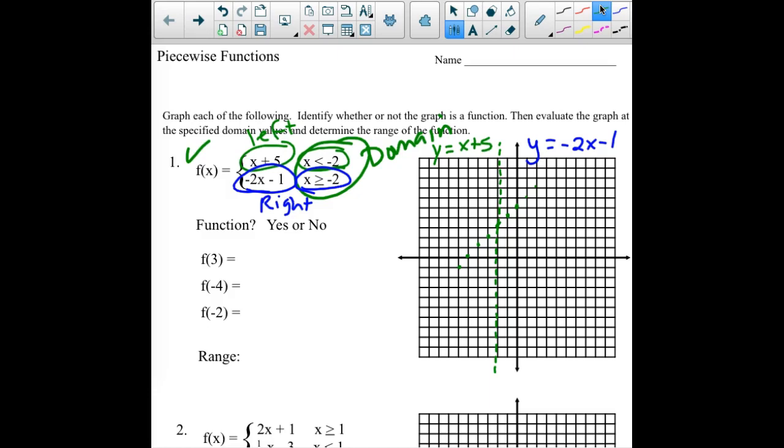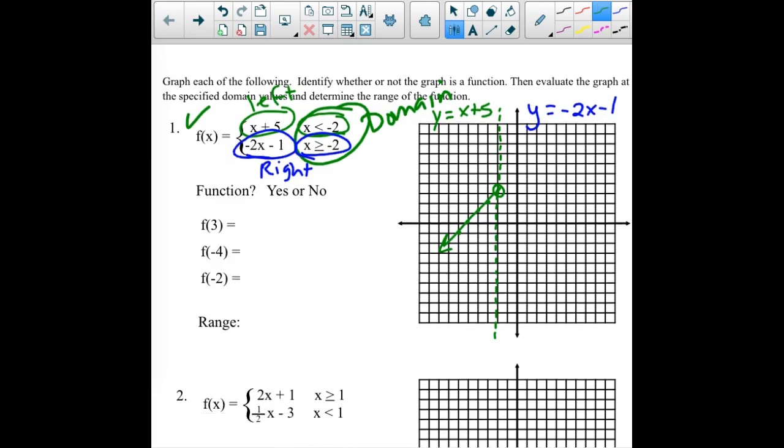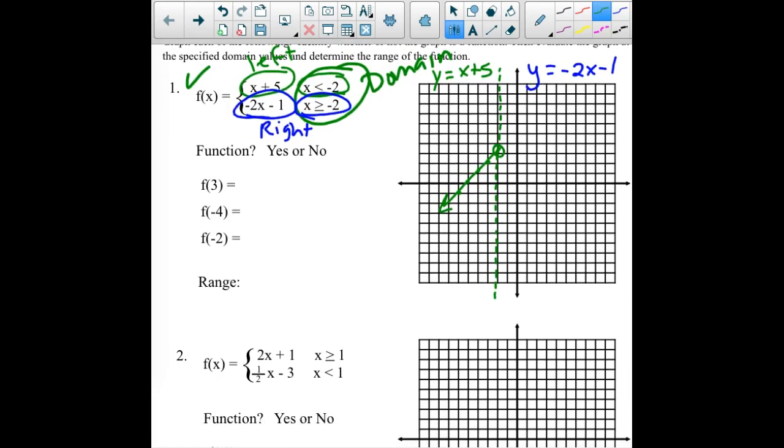So you are going to put an open circle here, and you're going to erase the extra dots that you had over here. So the result is this part of the line. Does that make sense?